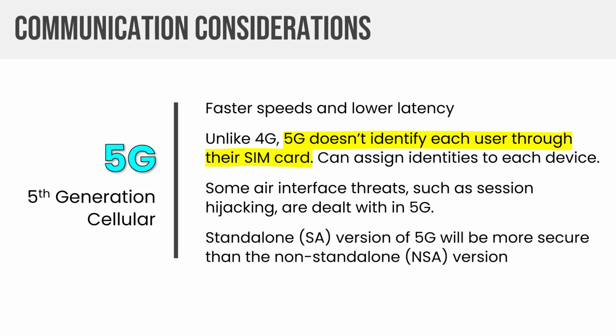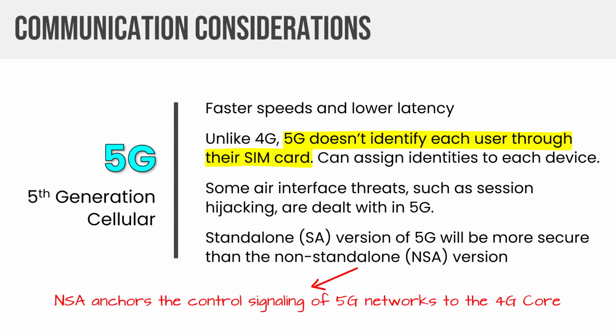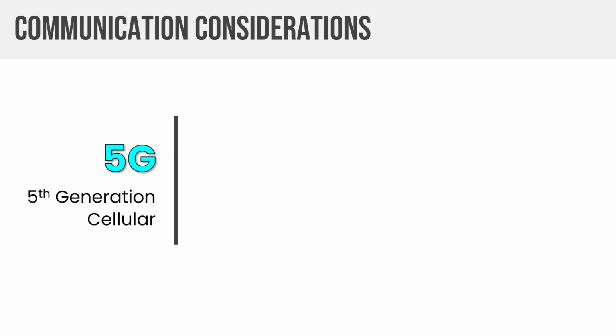The standalone version of 5G will be more secure than the non-standalone version, and over time all the providers will get that standalone version rolled out. You'll see that non-standalone version in the earlier days, and NSA anchors the control signaling of 5G networks to the 4G core, which brings with it some legacy security concerns.